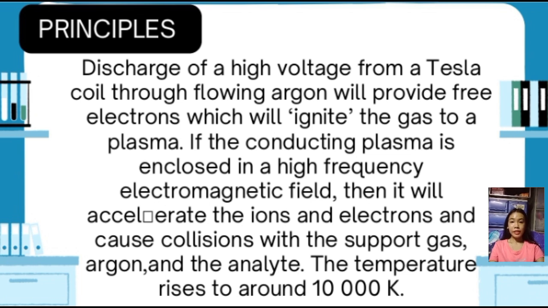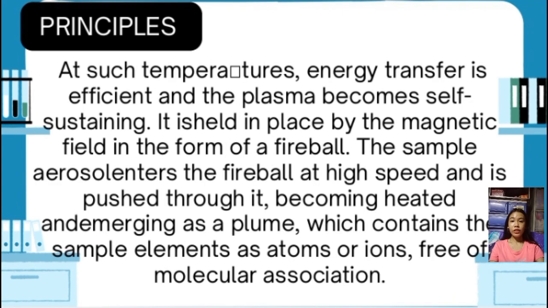Once the plasma is created and is confined within a high-frequency electromagnetic field, the resulting environment accelerates the ions and electrons, leading to increased collisions with both argon and any analytes present in the system. At temperatures rising to around 10,000 Kelvin, energy transfer within the plasma becomes highly efficient, allowing it to sustain itself.